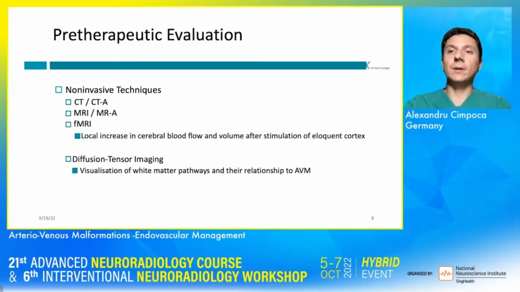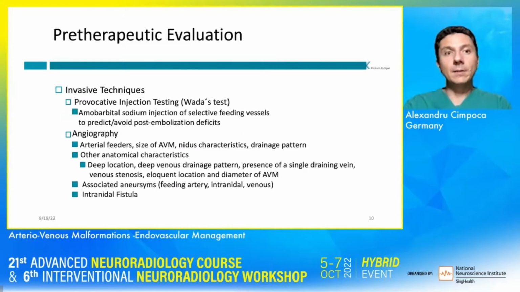How do we diagnose an AVM? There are non-invasive techniques like CT, MRI, functional MRI, diffusion tensor imaging, but the main diagnostic tool is angiography.